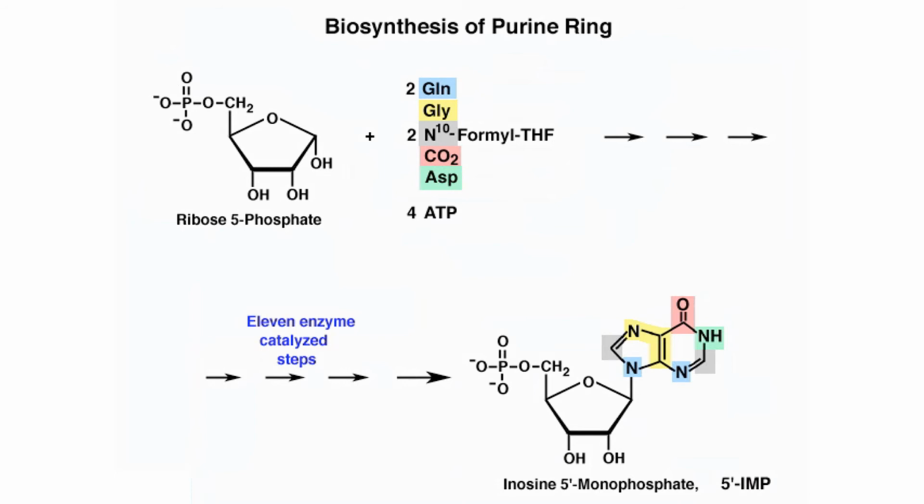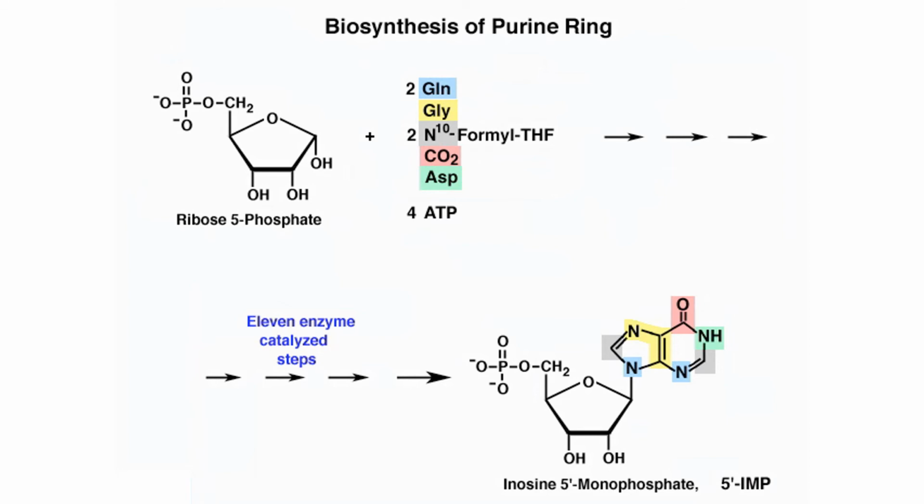So number one, the pathway takes place at the nucleotide monophosphate level, and we're starting with ribose 5-phosphate. The reaction pathway starts with ribose 5-phosphate and adds elements in a stepwise manner at the number 1 carbon of the ribose ring until we get to the end product, which is inosine 5' monophosphate, or 5' IMP.